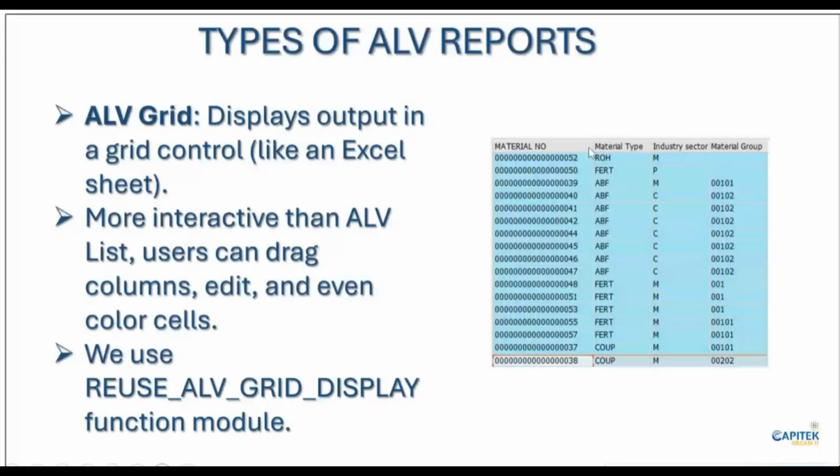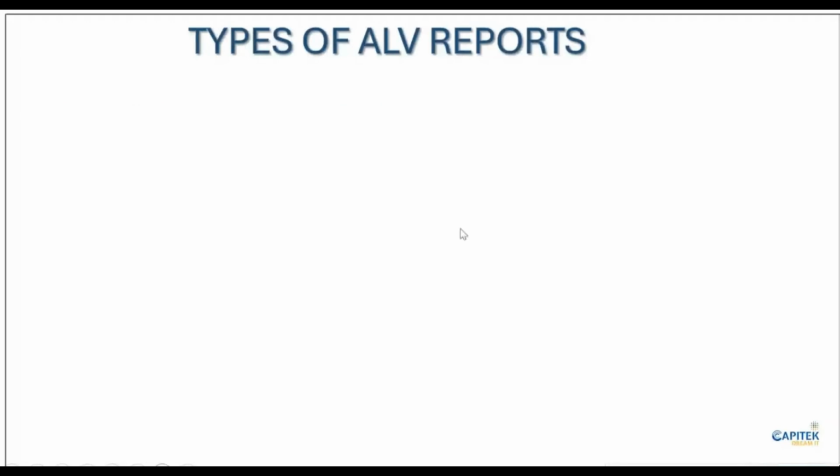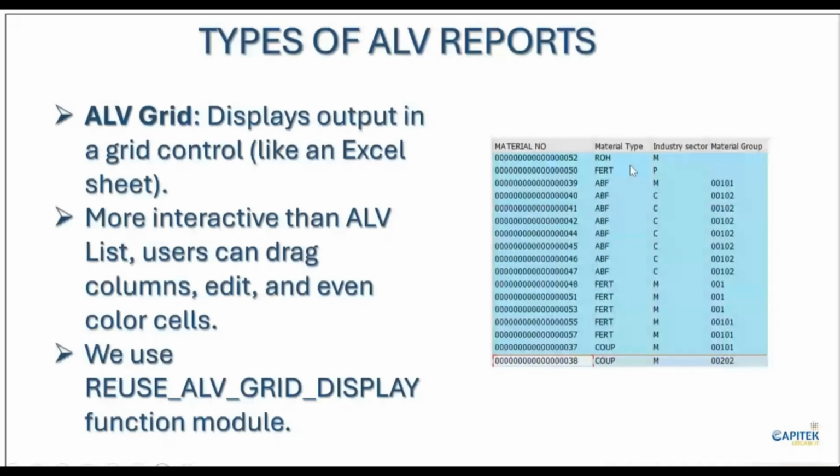You can expand or decrease the columns. If you want to hide a column, right click on it and you have an option to hide the column or freeze the column. You can remove the column from this space here. You have such kind of options.